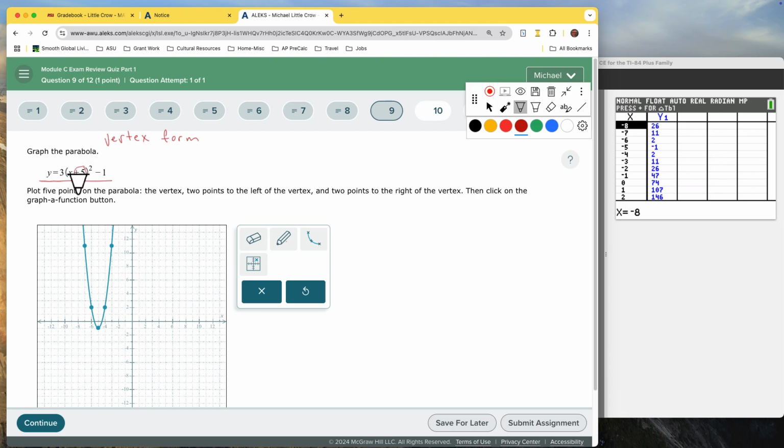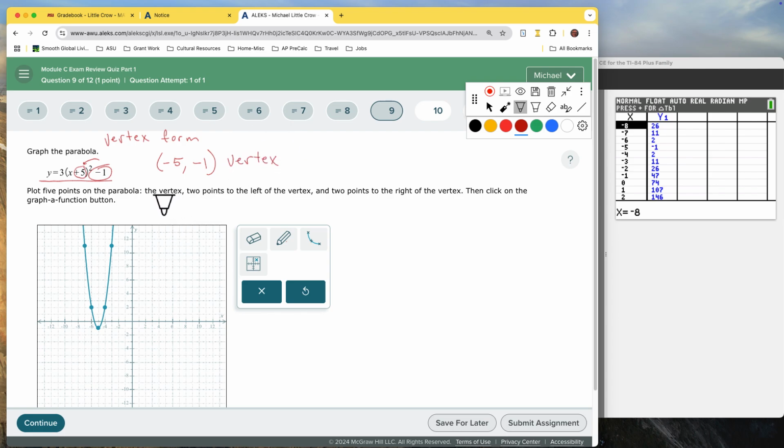Negative 5 plus 5 gives me a 0, sort of takes it out. So this number here is the opposite of the x-coordinate. So the x-coordinate is, in this case, negative 5. This number out here is the y-coordinate, and we take the sign. So if this had been plus 1, it would have been plus 1. But in this case, it's negative 1. So that gives us our vertex.